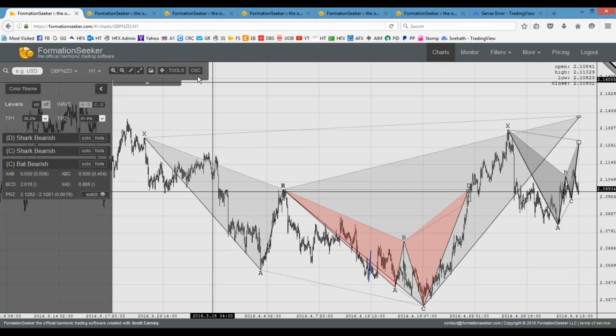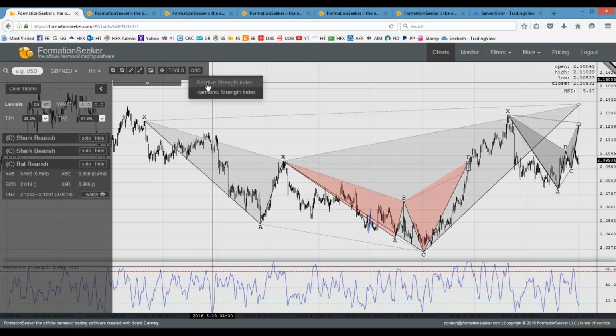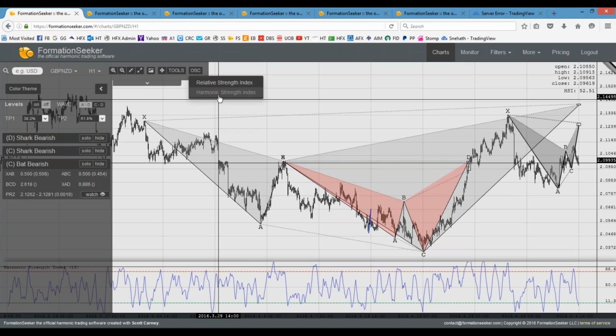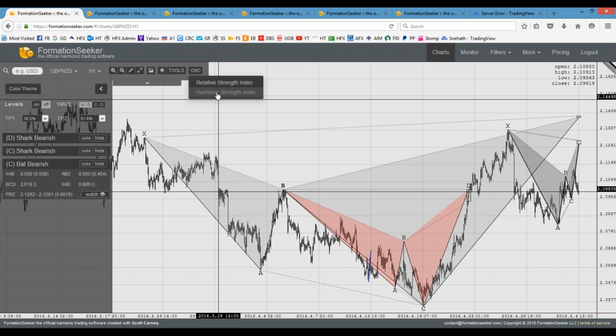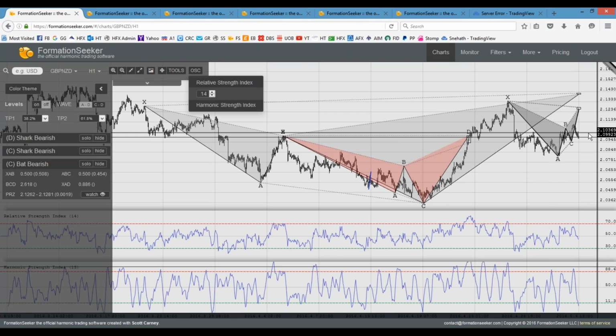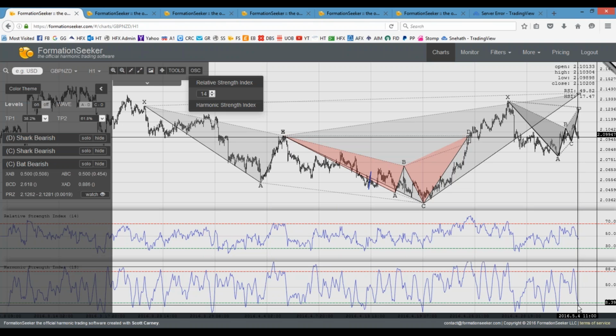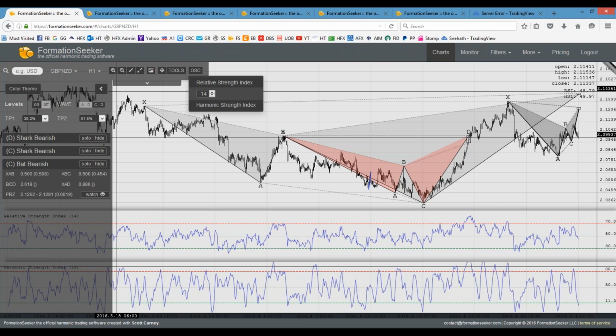Okay, so here we go. I'm waiting for this fellow to go up, but as you can see, the HSI looks very bad on this. So maybe it's a trade that is not worth looking at for the moment.